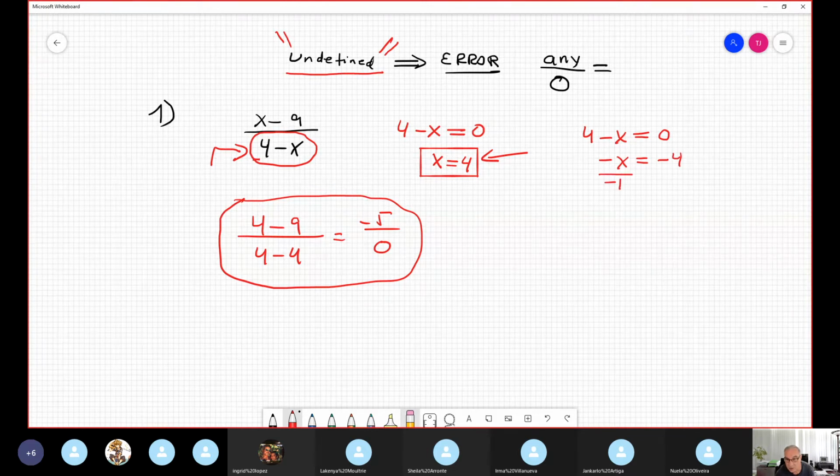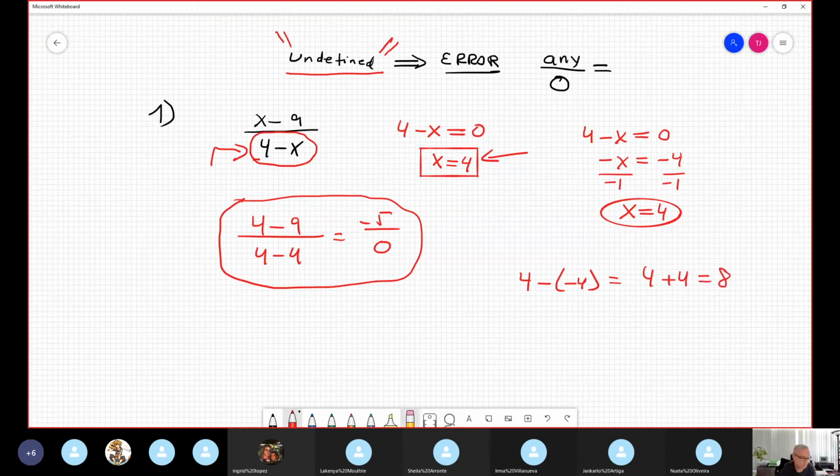Divided by negative 1. I suppose that you see mentally this process, positive 4. And by the way, I'm checking 4 minus 4 is 0. O sea, if it's negative 4 it means 4 minus negative 4, double minus becomes positive. Is it correct? Correct? Yep. Okay.